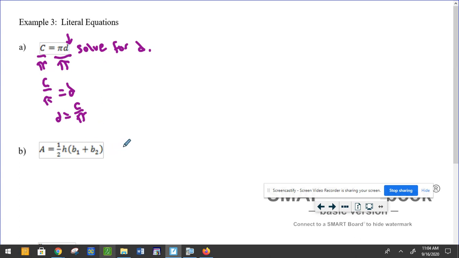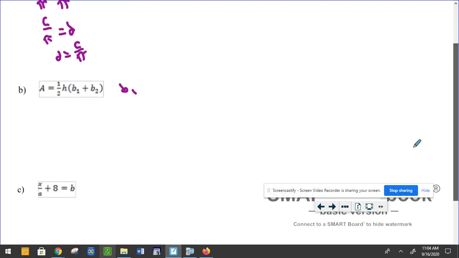So for this one, we're solving for b1. So we're trying to get b1 by itself. We're trying to isolate that. First thing I would do is, the tendency would be to distribute in. I think it'd be easier to not, because once you distribute in, then you're going to have to divide it away anyway.